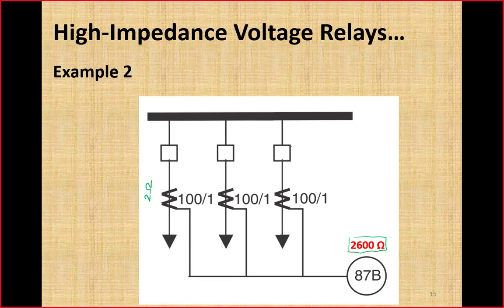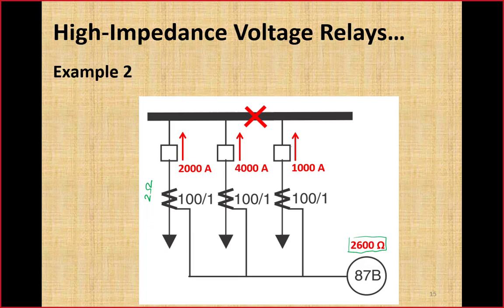Calculate the relay setting and the voltage across the relay in case of an internal fault. The data further given to us is that, in case of a bus fault, circuit 1 is contributing 2000 ampere, circuit 2 is contributing 4000, and circuit 3 is contributing 1000 ampere.